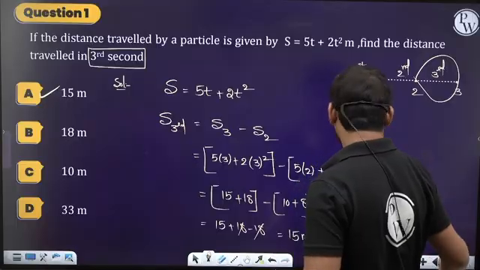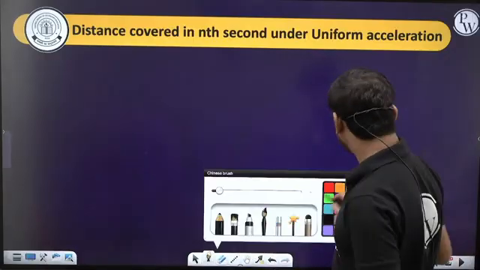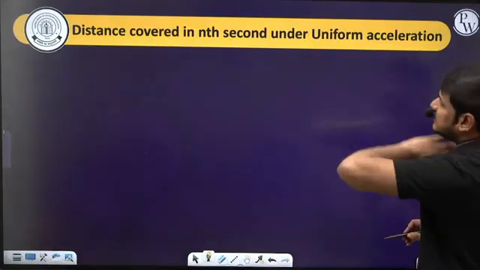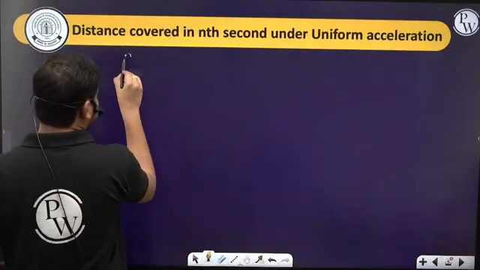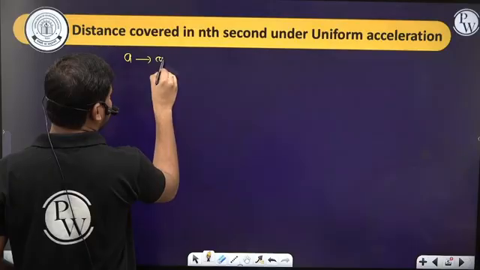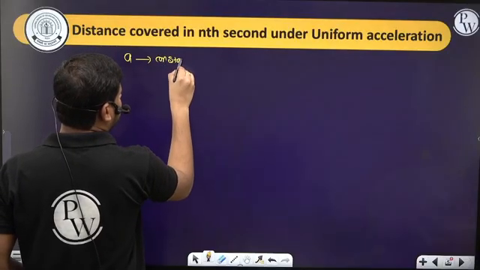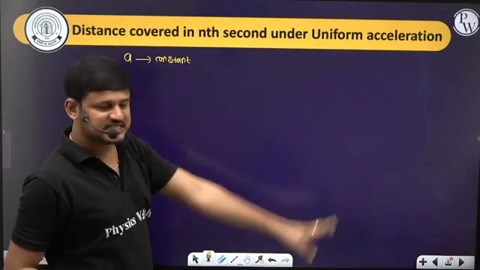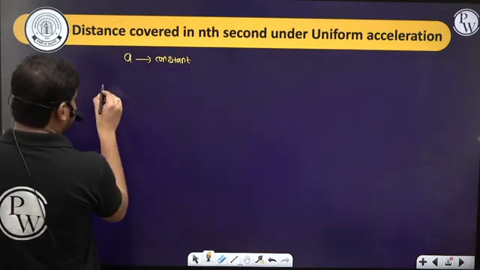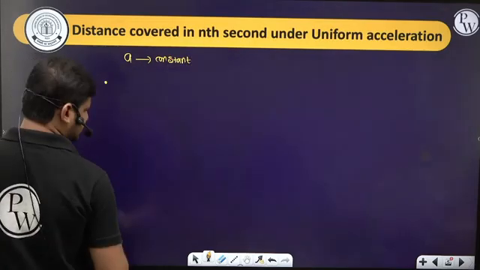Now let's derive the formula for distance covered in the nth second under uniform acceleration. That means if the acceleration is constant, what is the formula for the distance covered by the body in the nth second? Let's say the body has started its journey from here.